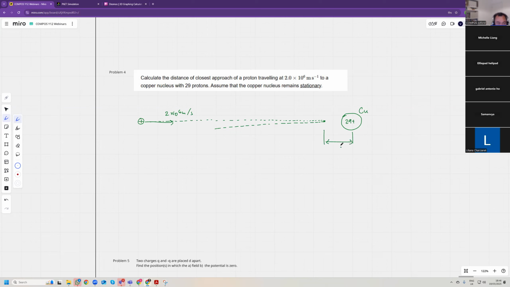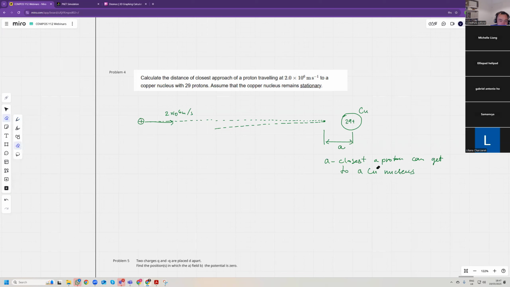Let's call it a. a is the closest a proton can get to a copper nucleus.